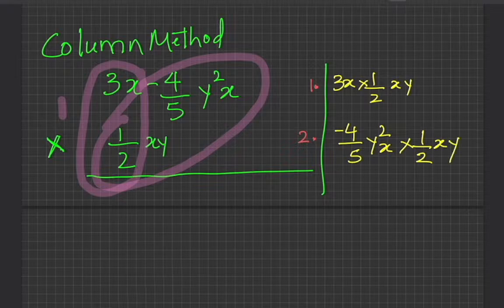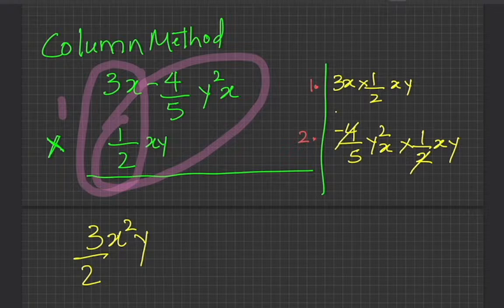So 3x times 1 is 3x, 3x times xy is 3x squared, so 3 by 2 x squared y. Then I have minus 4, that is negative 4, and then I have a common factor here.